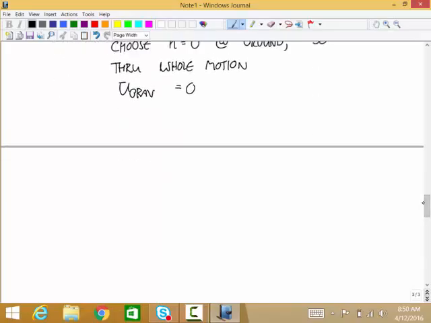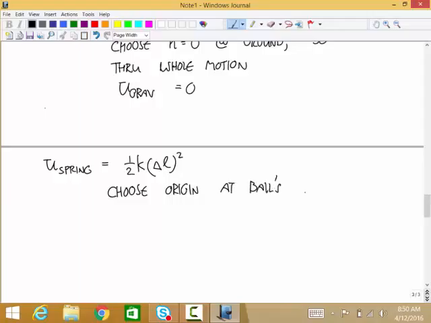Any questions about that? So now the potential energy due to the spring force, that's equal to 1/2 k delta L squared. We can choose the origin at the spring's resting length, or really, choose the origin at the ball's location when the spring is at its resting length.